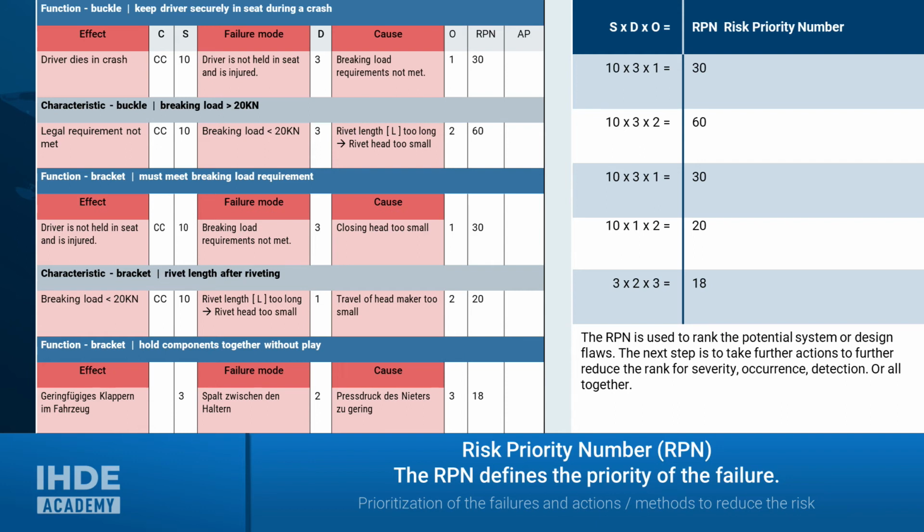There is no clear answer to that. Sometimes there are specifications that do not allow an RPN above 100 or 125. But sometimes it is just required that the risk priority number should be reduced as much as possible and make economic sense. But there is another way of quantifying the risk. We will get into that now.